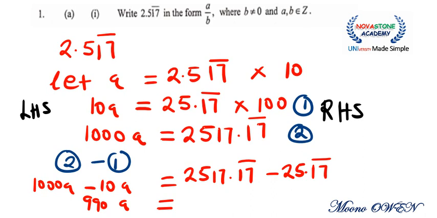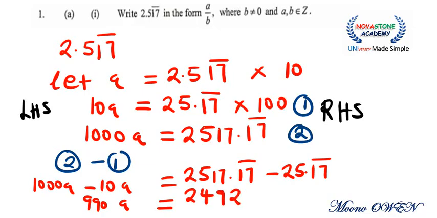on the other side, if I subtract 2517 minus 25, because the repeating parts are just going to give me 0 at the end. What am I getting? On this one I'm going to use a calculator, so I'm getting 2492.